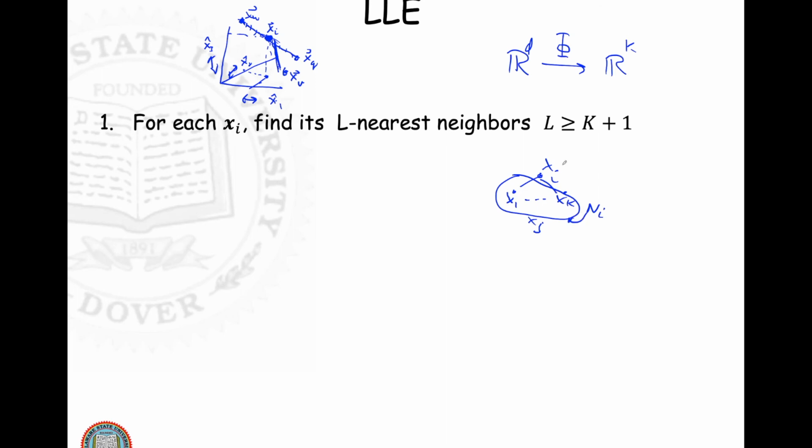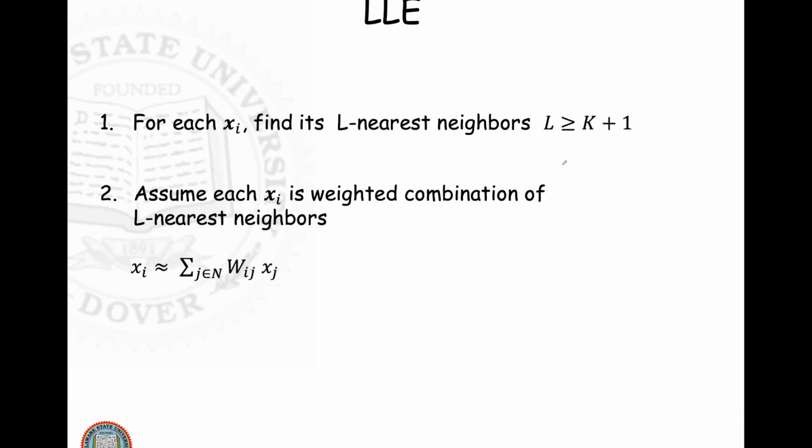Okay, so for each data point in our data set, we find the L nearest neighbors, where L, the number of neighbors, the neighborhood size of the neighborhood around each of the data points, is at least k plus 1, where k is the dimensionality of the new representation. So now we're going to assume that each one of our data points from our original data set is a weighted combination of these L nearest neighbors.